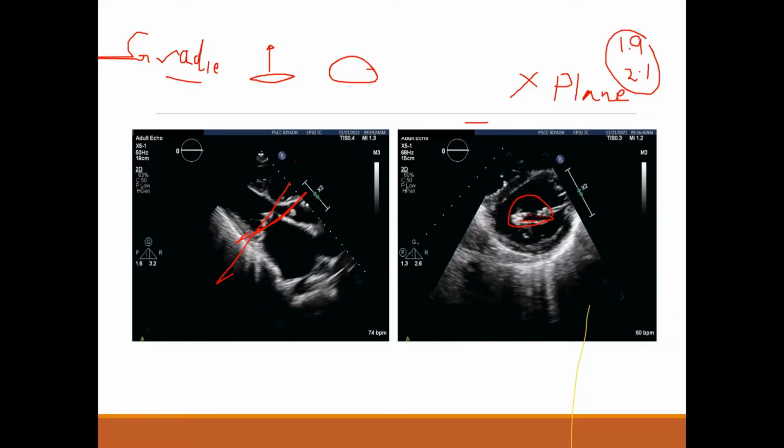And of course the new guidelines are talking about less than or equal to 1.5, and less than or equal to 1. An area of 1.5 is severe mitral stenosis. Less than 1 is very severe mitral stenosis. So now we have two categories of stenosis which are severe, severe and very severe, according to the area.